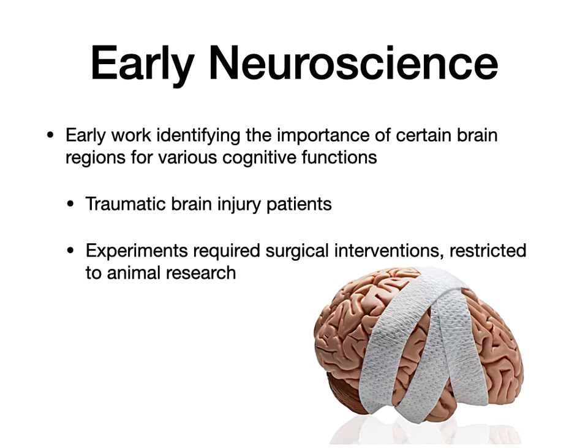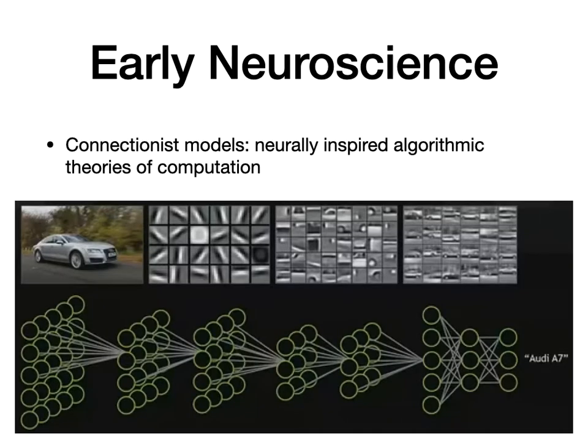And that all worked, of course, and it's still important for understanding certain things about the brain today. We also looked at connectionist models, so how neurally inspired algorithms can connect to the things that we know about the brain and give us this sort of neural version of how computation could work in a mind.